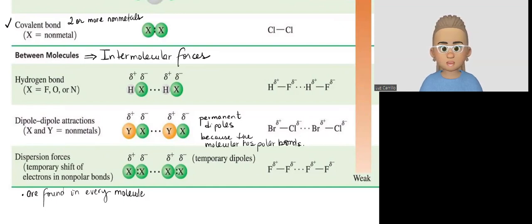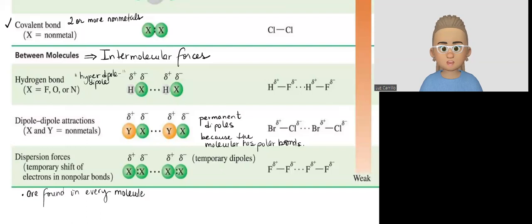And hydrogen bond is going to be the strongest out of the attractive forces that we have here. Hydrogen bond is what is called a quote-unquote hyper dipole-dipole. And in this hyper dipole-dipole state, what happens is that the molecule needs to have a polar bond, but this polar bond is very specific.